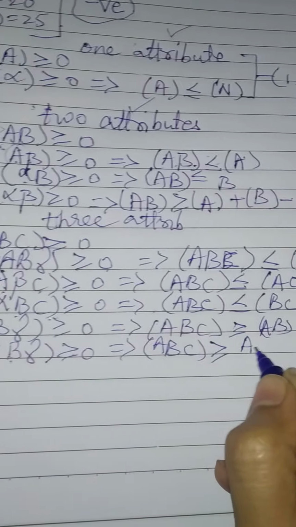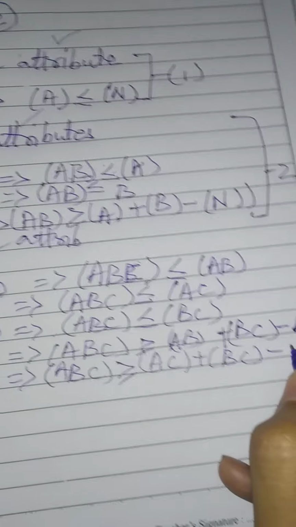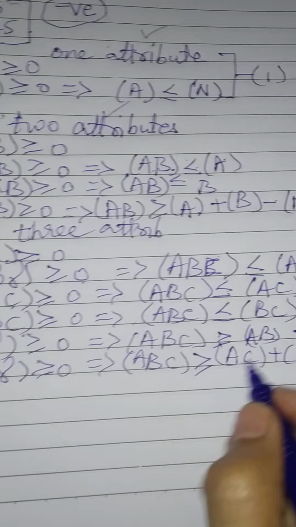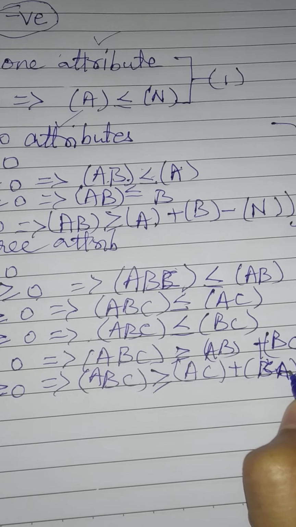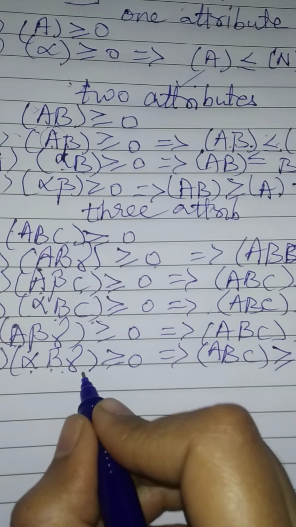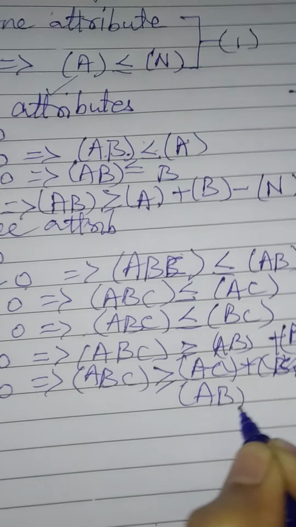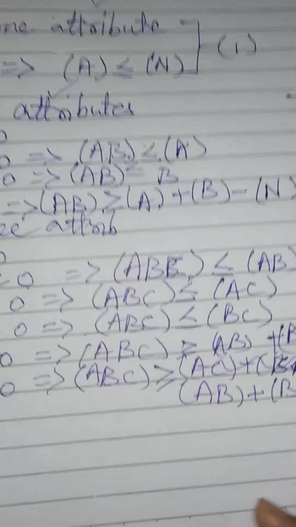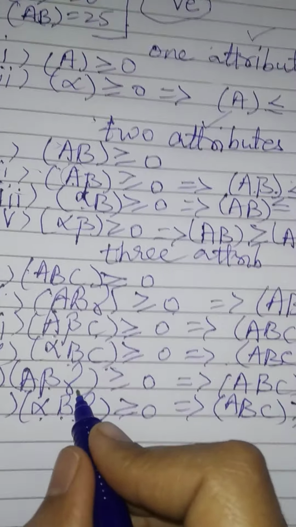So AC plus BC minus C. Here if it is A beta gamma, it will be AB and AC.